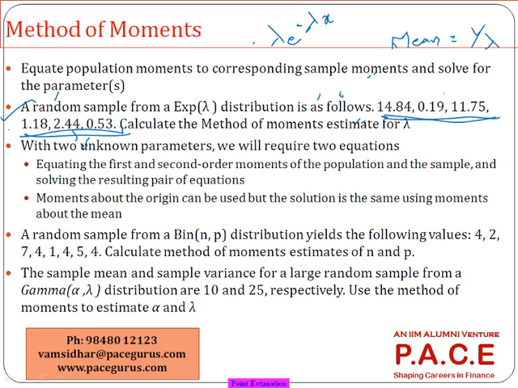So what I can do is find the mean of these values and equate it to 1 by lambda. That is the method of moments estimate: you find the mean of the sample, you know the mean of the exponential distribution, equate the two, and from that you obtain the value of lambda.